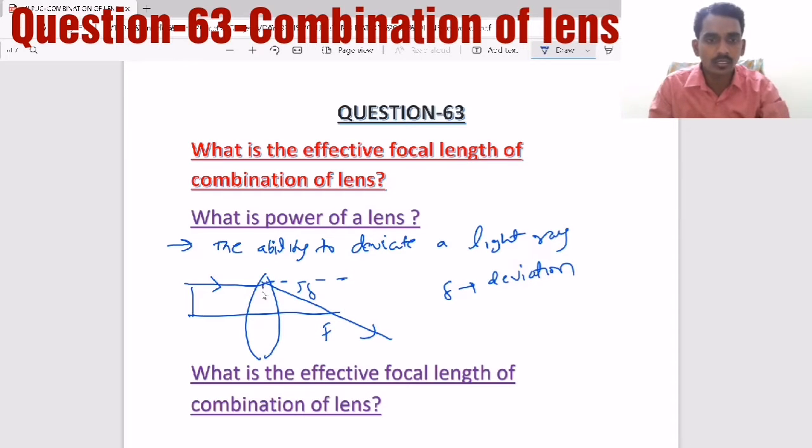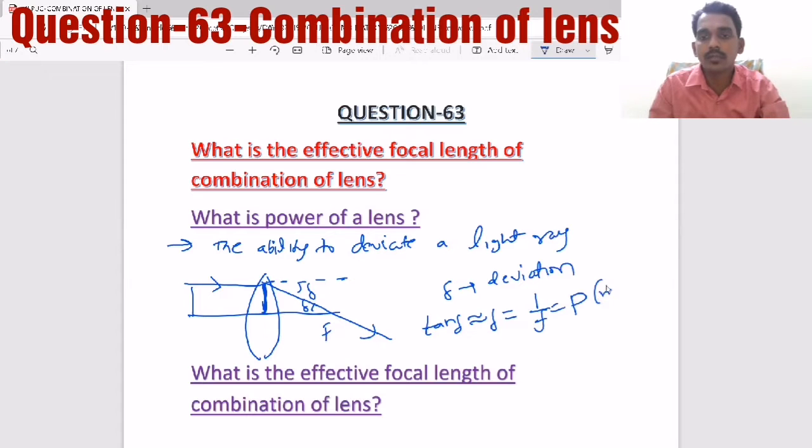Now, if that deviation is considered delta, then tan delta is approximately equal to delta. That is equal to opposite, which is unit length, I said. The ray should come at a unit perpendicular distance from the optical center. So delta equals 1 by f. This is called power of the lens.